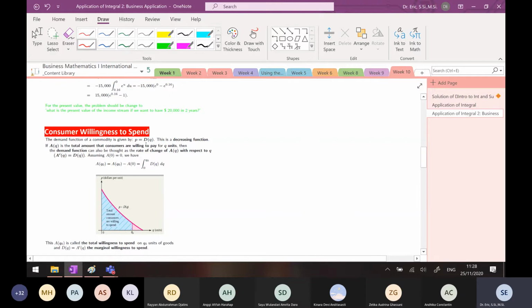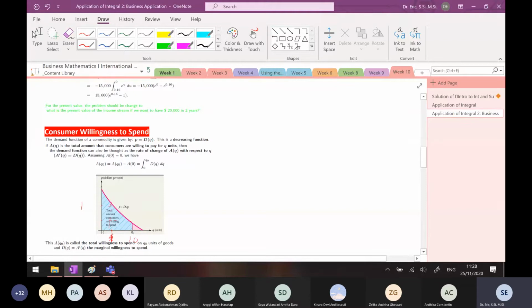Don't forget, the demand function is a decreasing function. If you want to buy 1 unit, you pay maybe 1 million. If you want to buy 10 units, you want a lower unit price.